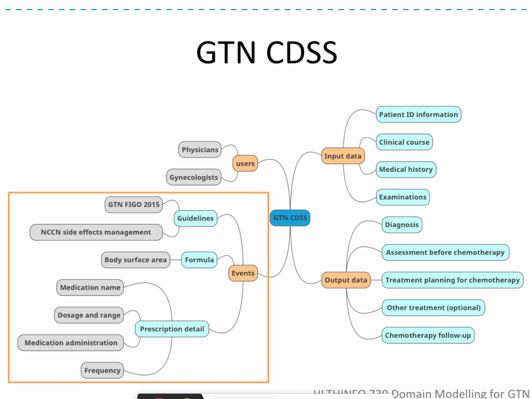When doctors receive an alert or a suggestion from the system, but they don't know why, they can get the related information by using info buttons. This part could also be used as a training tool for doctors.